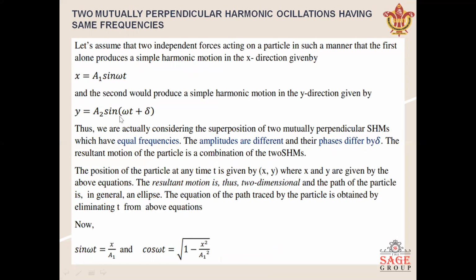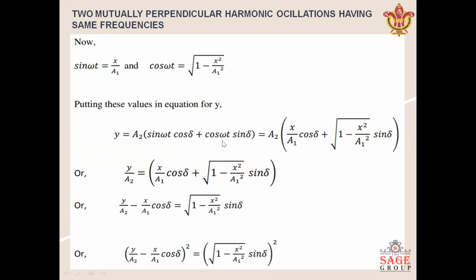As you can see, we are applying here the formula sine A plus B, that is sine A into cos B plus cos A into sine B. We have just extended the formula sine A plus B, where instead of A there is omega t and instead of B there is delta.